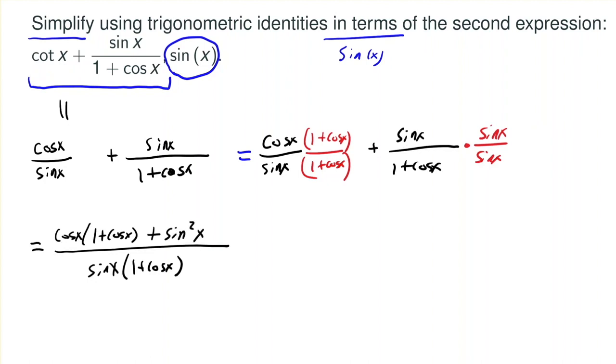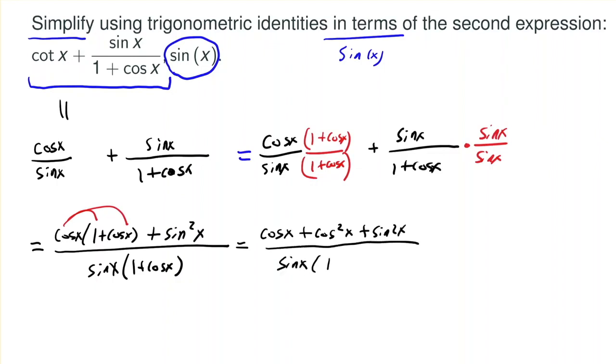Sine times sine is sine squared. Now we can distribute this cosine, and I have cosine x plus cosine squared x plus sine squared x over sine x times 1 plus cosine x.